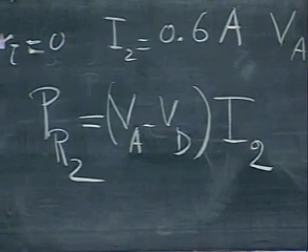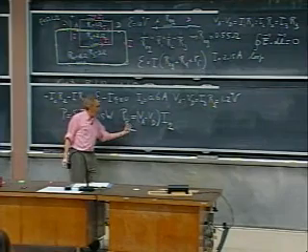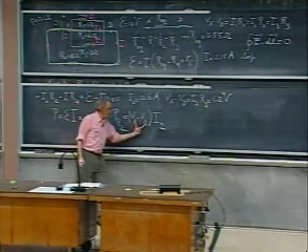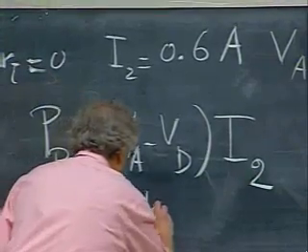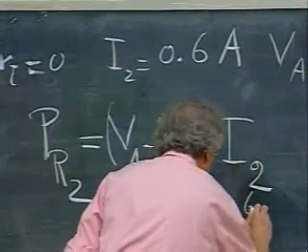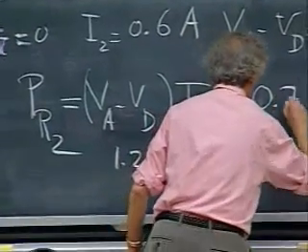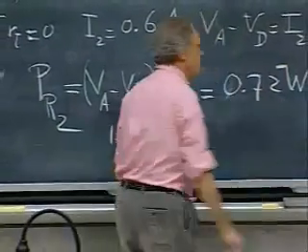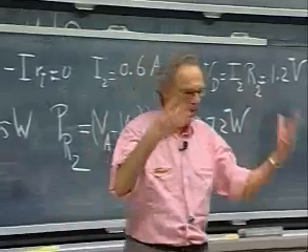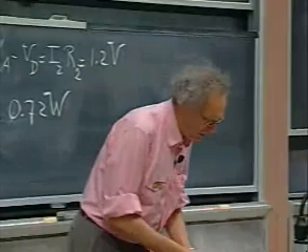That is the total potential difference available times the total current. But of course, R2 only sees a potential difference which is 1.2 volts. And it has an I2 which is only 0.6 amperes. So this is only 0.72 watts. So that is the number of joules per second in terms of heat that is produced in R2.